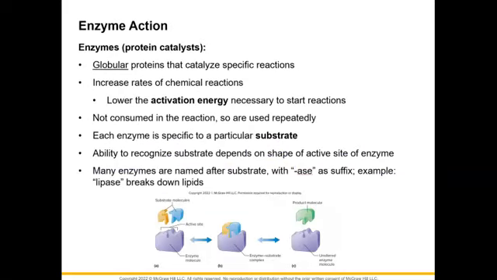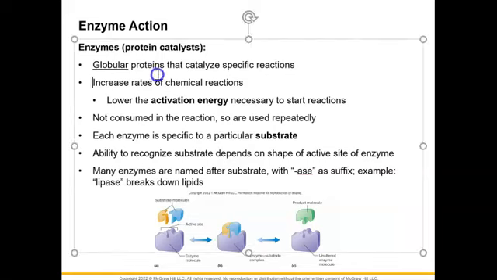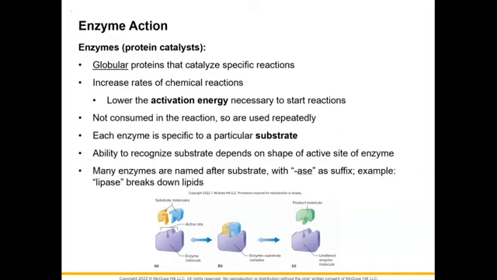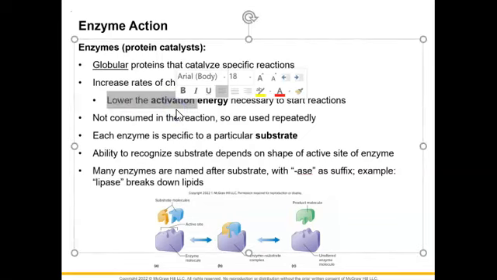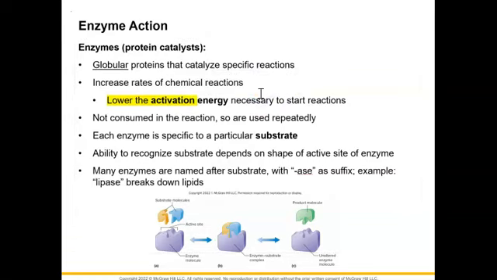So how do enzymes actually work? Enzymes are globular proteins, and the way that they catalyze or speed up chemical reactions is by lowering the activation energy of these chemical reactions.